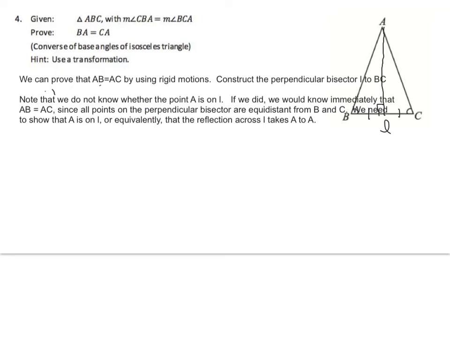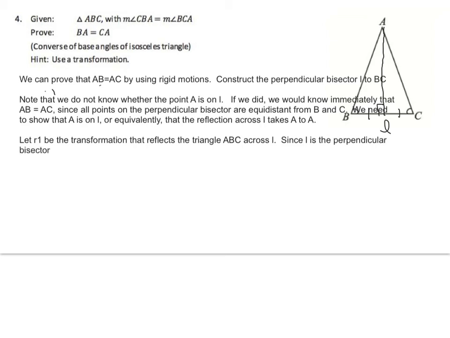Let's see. All right, let R1 be the transformation that reflects triangle ABC across L. Since L is the perpendicular bisector, R1 of B equals what?